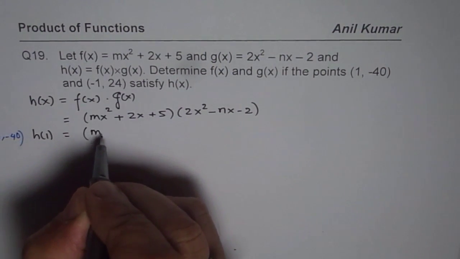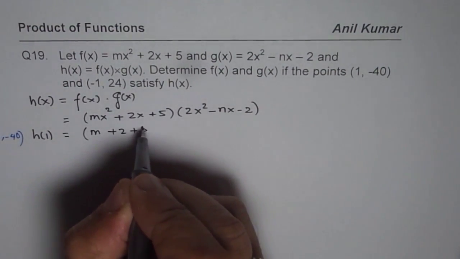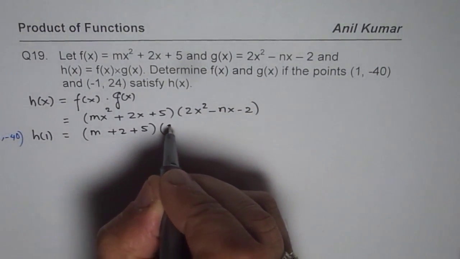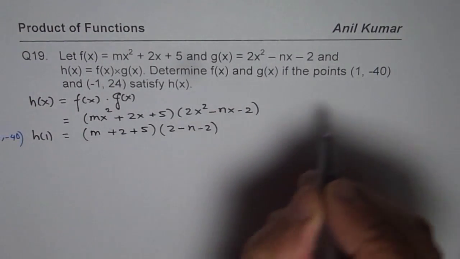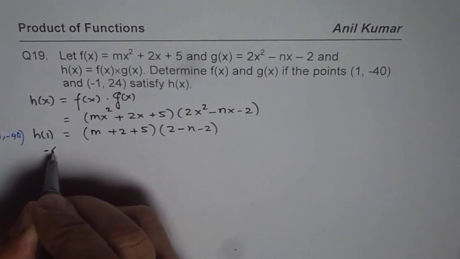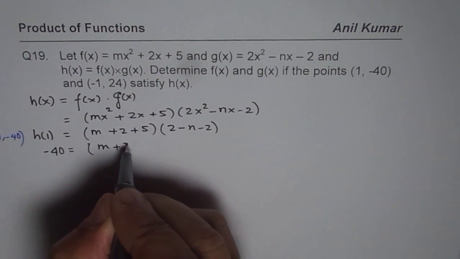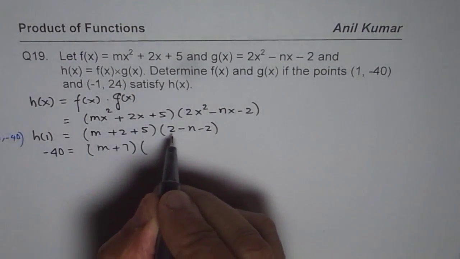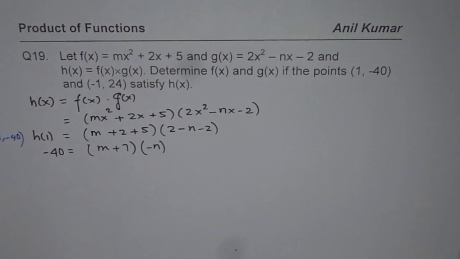We get m times 1² is 1, plus 2, plus 5, and on this side we get 2 − n − 2. h(1) is −40, so we get −40 equals (m + 7) times, 2 − 2 is 0, so −n. This is when we use the point (1, −40).